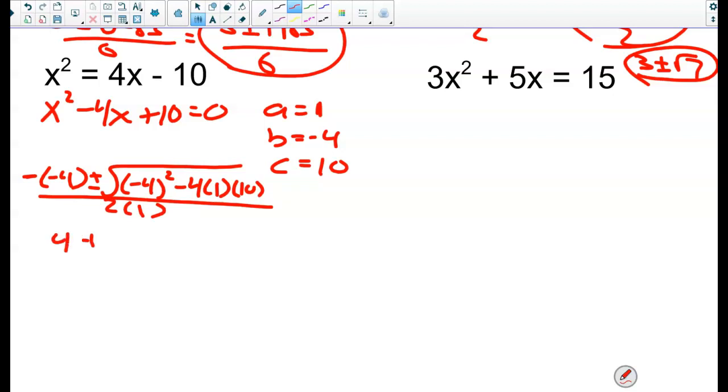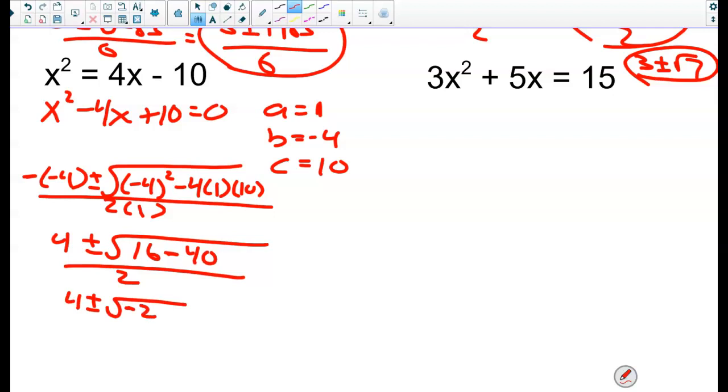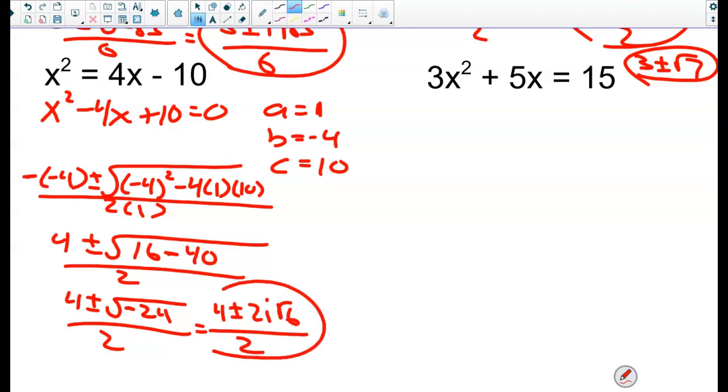Negative, negative 4 is 4. 4 plus or minus the square root of 16 minus 40 over 2. 4 plus or minus the square root of negative 24 over 2. And that simplifies to 4 plus or minus 2i root 6 over 2. And we can write that as well as 2 plus or minus i root 6. Either answer is acceptable to me.